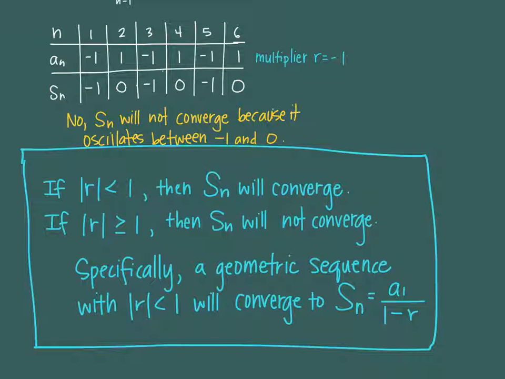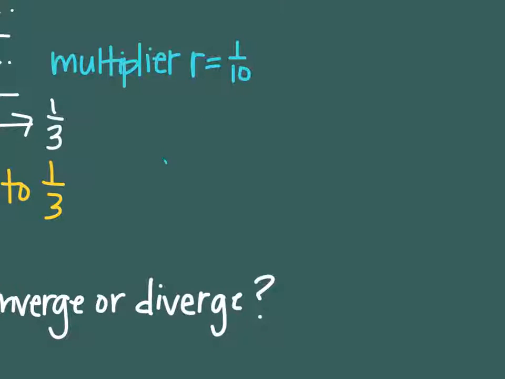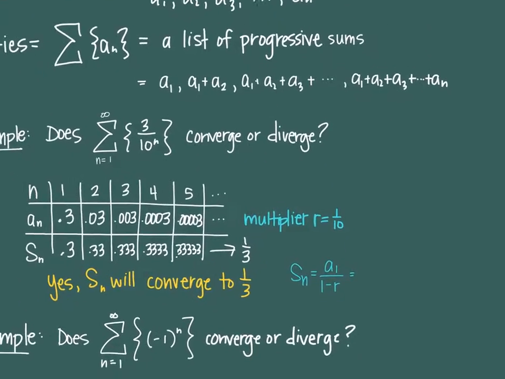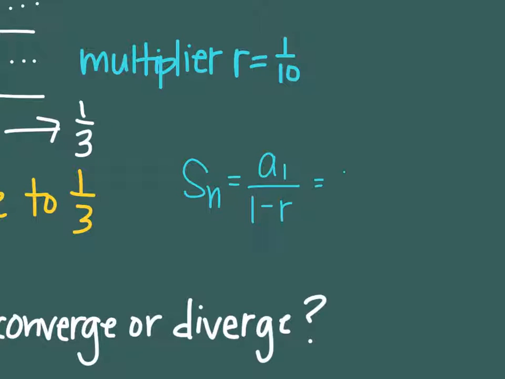So if we go up to our top example where the absolute value of R was less than 1, and we check it, S sub n should equal a sub 1 over 1 minus R. A sub 1 in this case was 0.3, over 1 minus R, where R in this case was 1/10.